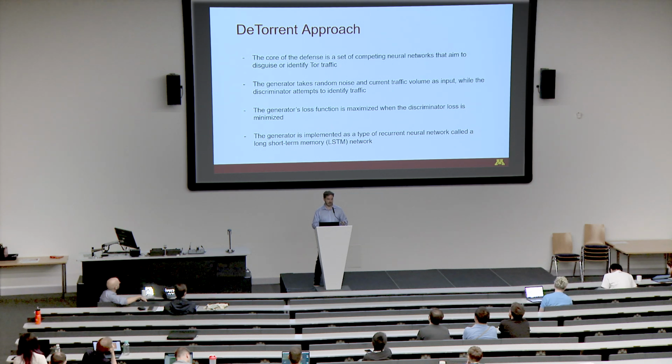And one of the key points is to take into account that you have to apply this in real time. The generator part is actually a long short-term memory network, which is a kind of recurrent neural network, so it makes decisions throughout the download of the website, whereas the attacker just uses a discriminator. And again, to emphasize, in this case we are assuming that whatever defense you put out, an attacker is going to try to simply retrain their model to best attack your defense.